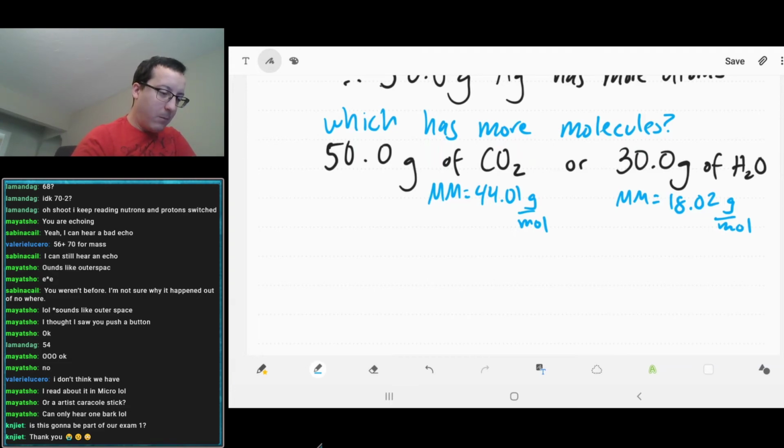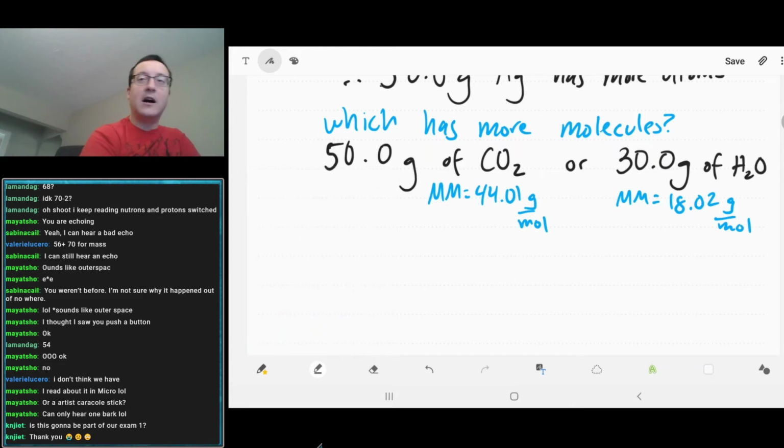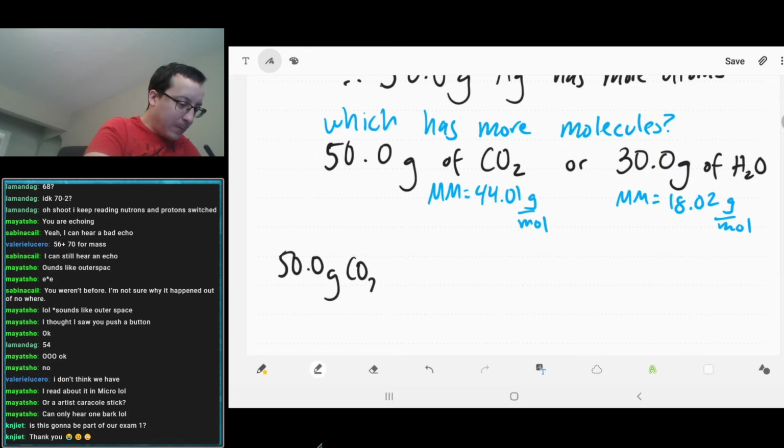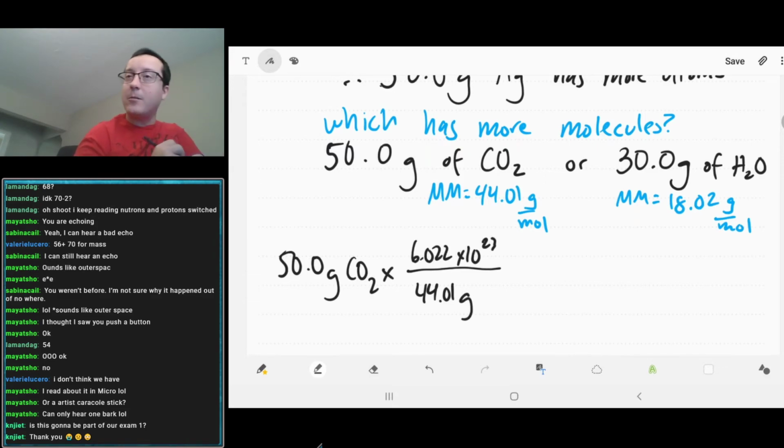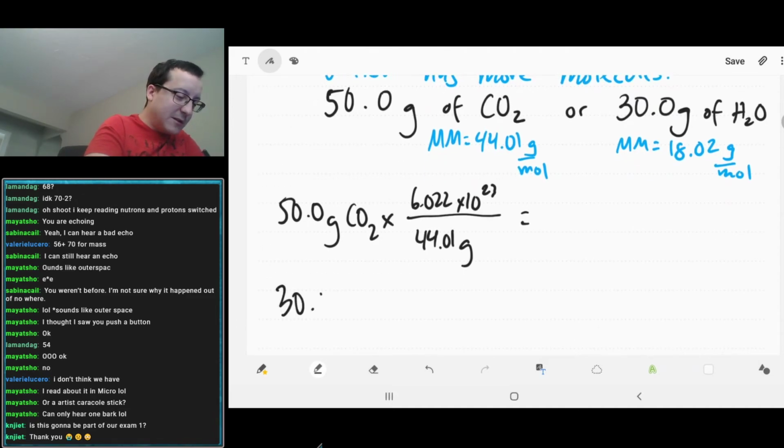Alrighty, so if we wanted to do all this, we would say, okay, we're going to start with 50 grams of CO2, put 44.01 grams on the bottom, 6.022 times 10 to the 23rd on top. And for water, we would do the same thing with its respective numbers.